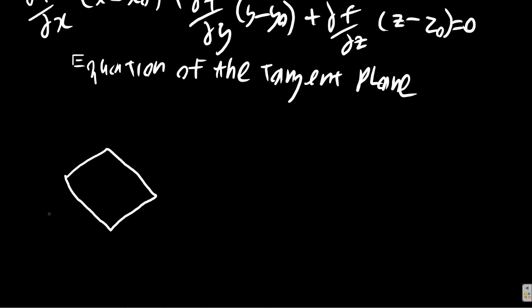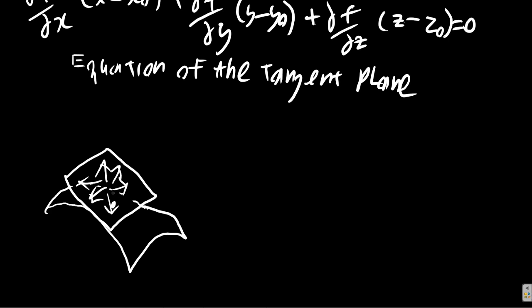You have a plane that is tangent to some surface, and it might touch the surface somewhere here. If you have this plane and various vectors to it, you would see that there's an infinitely large number of vectors. Now, suppose you take a vector that is orthogonal to this plane. In other words, it's 90 degrees to any other vector on this plane.